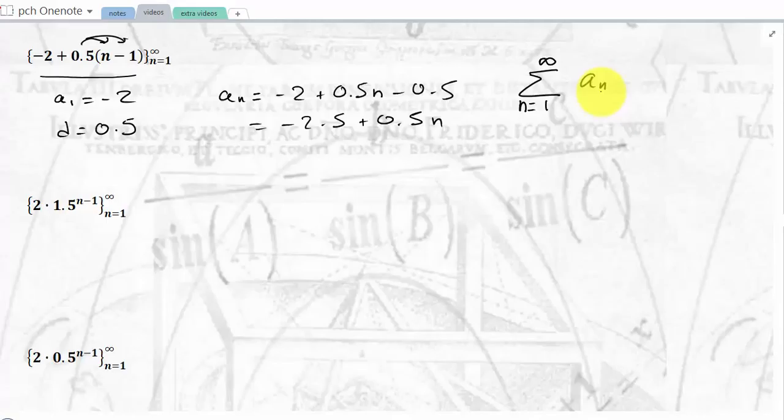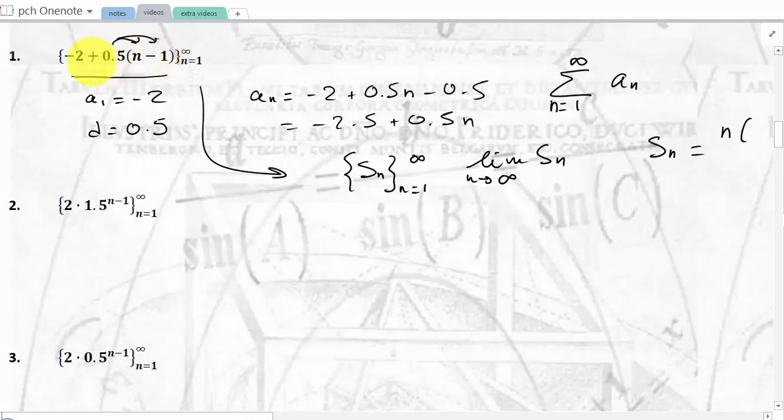Therefore, how could this have a limit? It's just going to grow larger and larger, or smaller and smaller if what you're adding is negative. But I don't want to think about it this way. I want to look at it with our formula, with our definition.